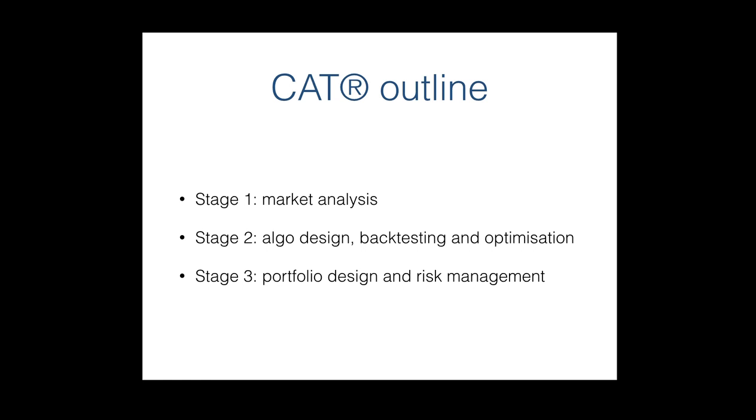The second stage is to convert this qualitative knowledge into quantitative algorithms. Then how to properly backtest them using all the knowledge that we have by that stage, and how to properly use optimization, because I think you know very well that sometimes optimization may lead to so-called curve fitting, and therefore to generating systems that are not tradable in the future.